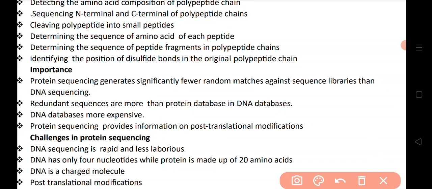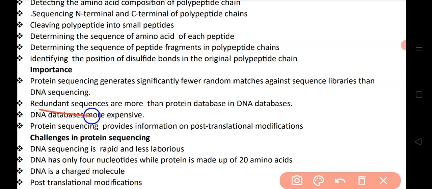Protein sequencing generates significantly fewer random matches against sequence libraries than DNA sequencing. As compared to DNA sequencing, if you talk about protein sequencing, there are fewer random matches, less confusion, more accuracy in this method.